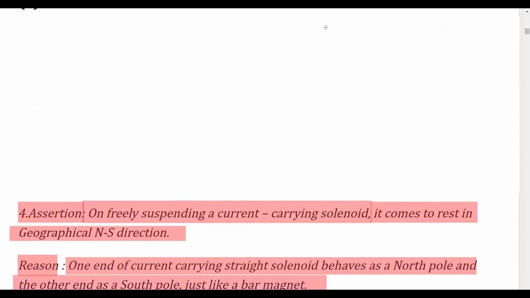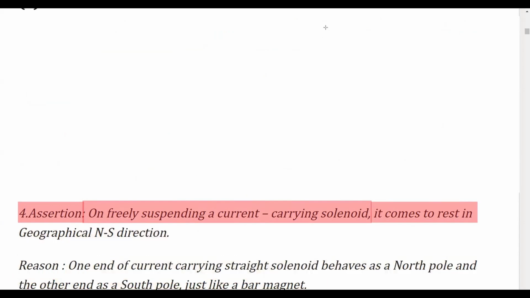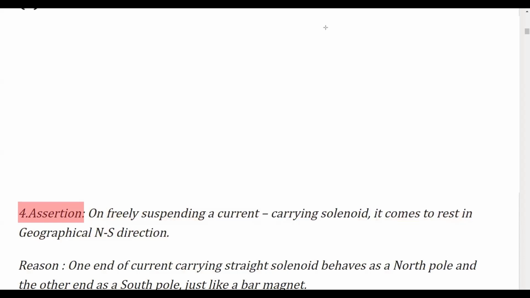Yeah, we know that a current carrying solenoid behaves like a bar magnet. I repeat, the current carrying solenoid is this, right? When connected with a battery or a cell, its one end behaves like a north pole, another as south pole, just like a bar magnet.